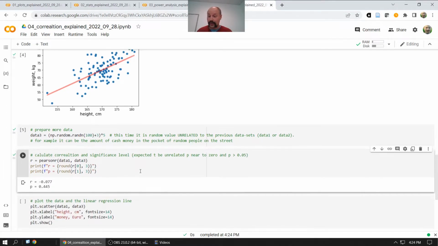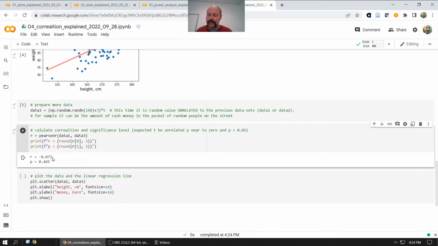Now we calculate the correlation, and the correlation is very small. It is around 0, and the p-value is large, which means the correlation is not significant.